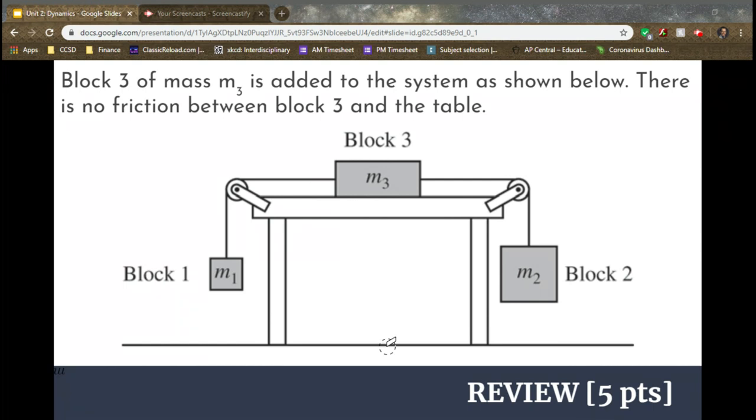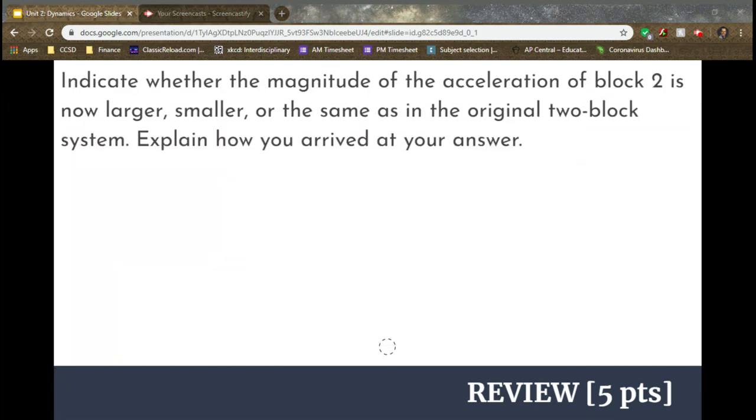Because of that, we would expect the increase in mass to cause the acceleration to be smaller.